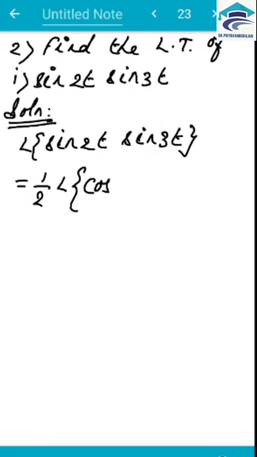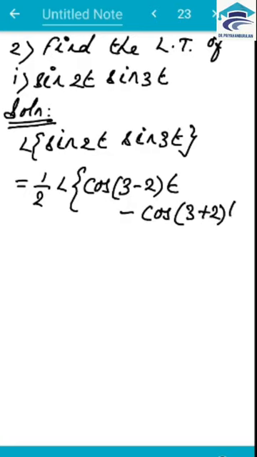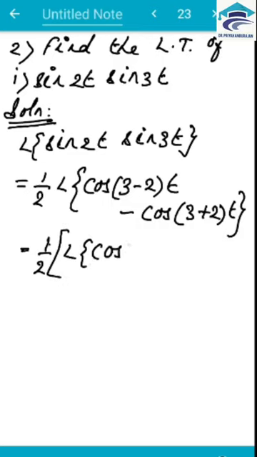So let me take it as 3 minus 2 into t minus cos of 3 plus 2 into t. So this is equal to half into L of cos t minus L of cos 5t.